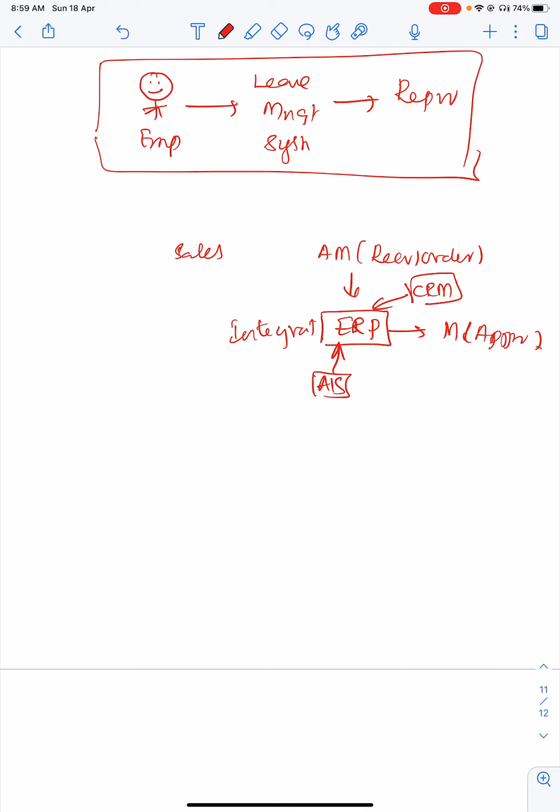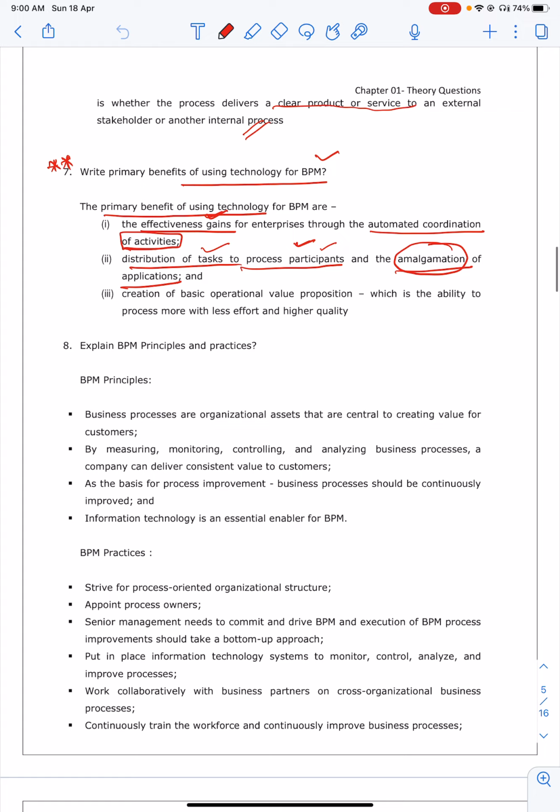Through ERP, one information system can be amalgamated, meaning integrated, with another, so that the data from the sales department reaches the accounts department automatically. There is always a cross transfer of data from one department to another. That is called amalgamation.